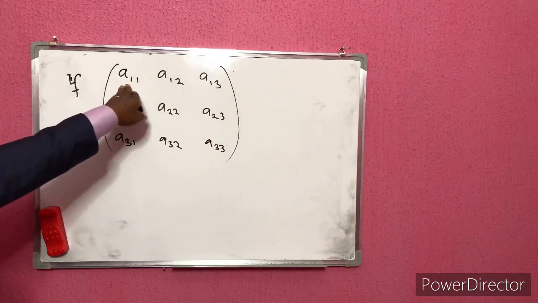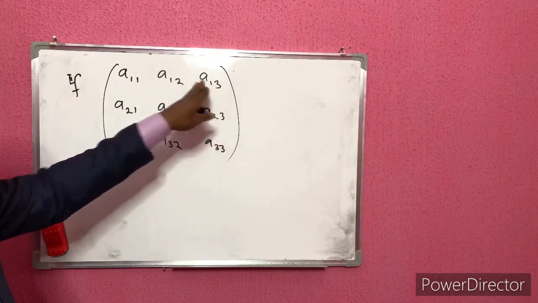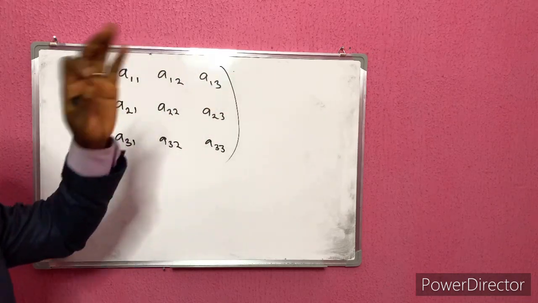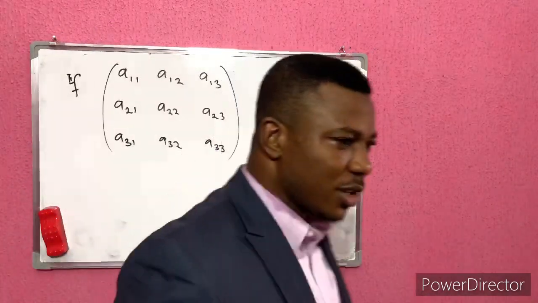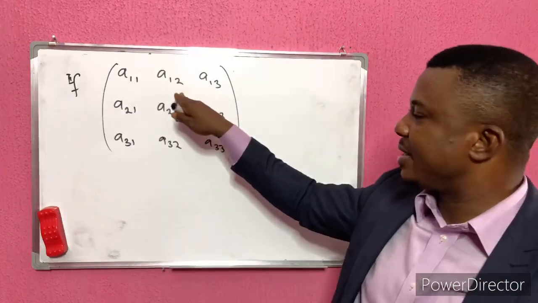This is double suffix. So this double suffix will tell us the particular location or address of each element in a matrix.